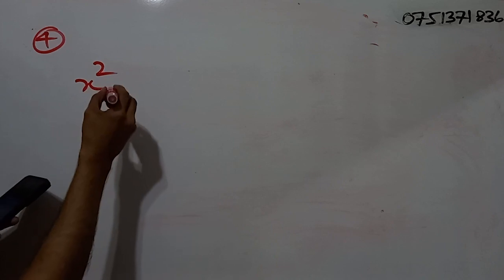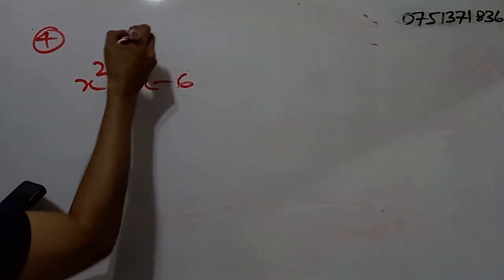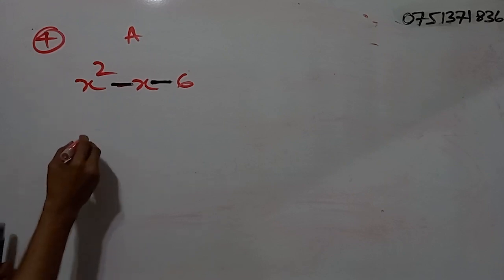X squared minus x minus 6. So I will be talking about the side A. Okay, so we will factorize. This is minus, this is also minus. So two factors. So one should be positive and the other one should be negative. The larger one should be negative. And also this is minus. Okay, so that means what will it be?